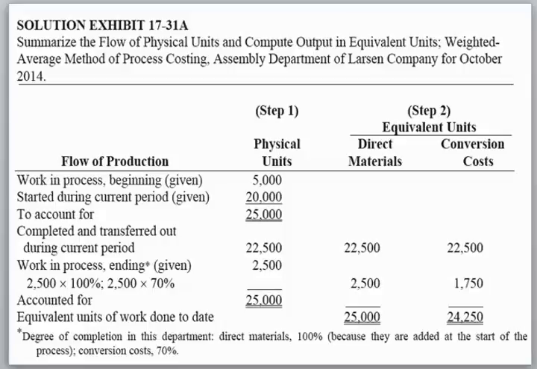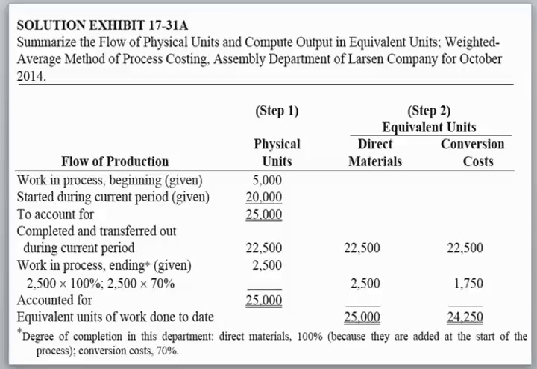Completed and transferred out during the current period is 22,500, and because they are completed, they take all the direct materials, so it will be 22,500 at 100%, and also 100% conversion cost, so 22,500.